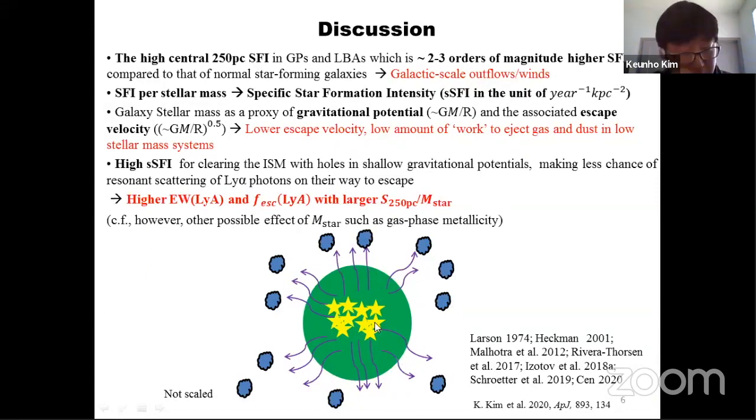This simple cartoon below shows how Lyman alpha photons, indicated by violet arrows, can escape from the central burst region in Green Pea galaxies, based on our specific star formation intensity explanation.